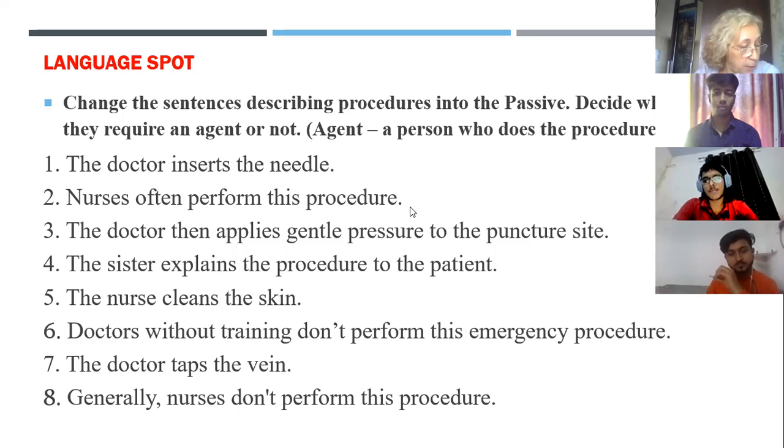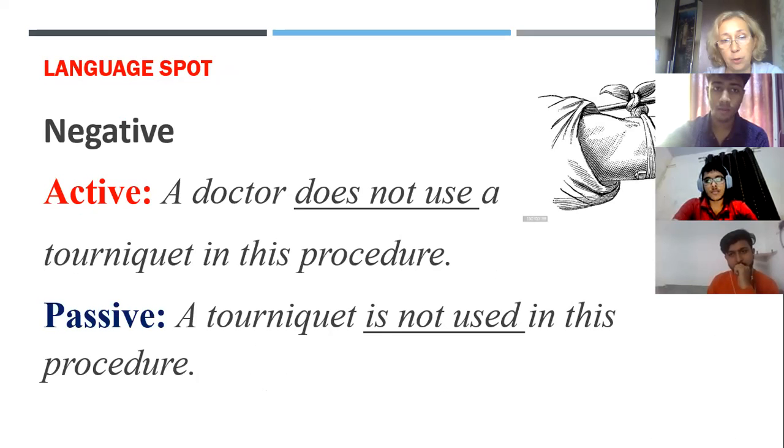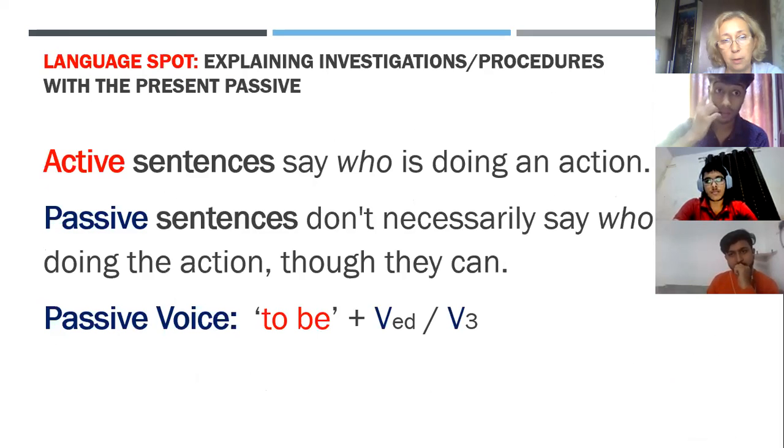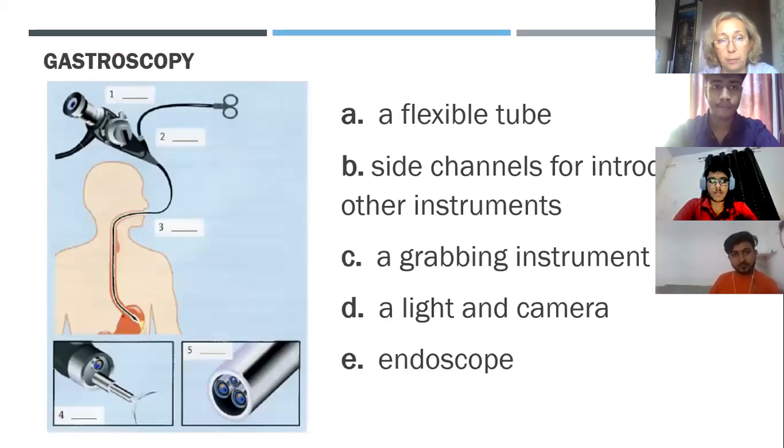As for the next sentence, it's for you, Aman. Nurses often perform this procedure. This procedure is being performed by nurses. Let's just focus on the present simple passive, not present continuous.